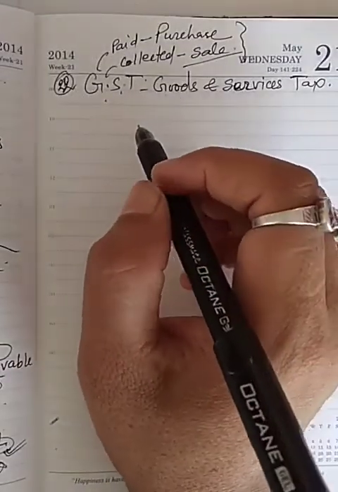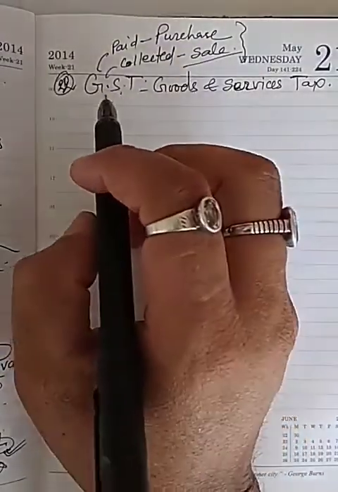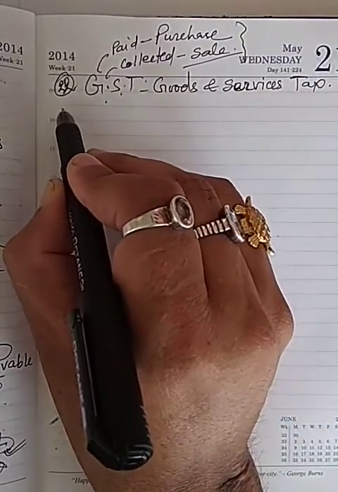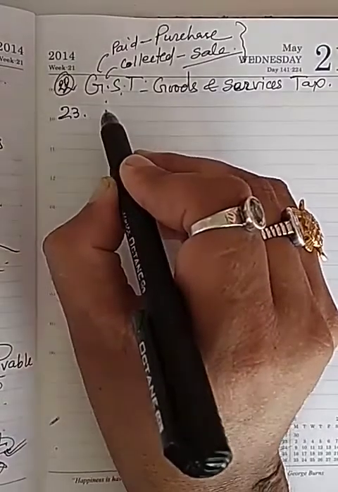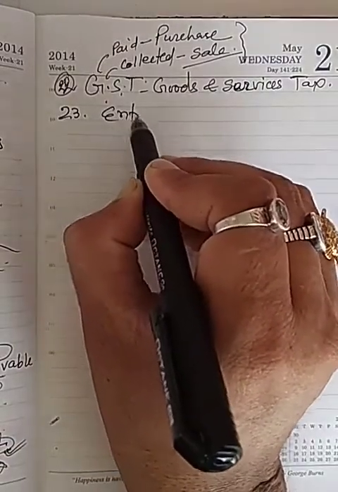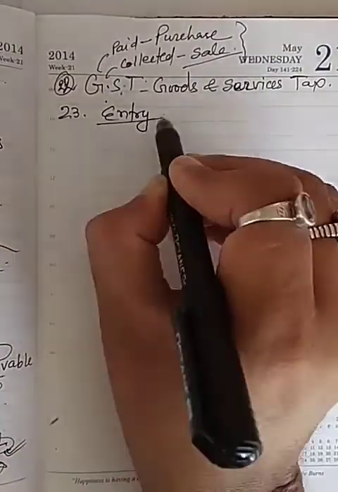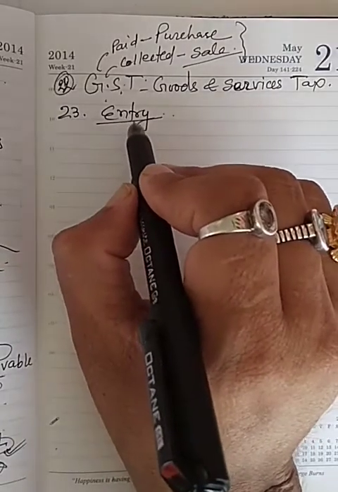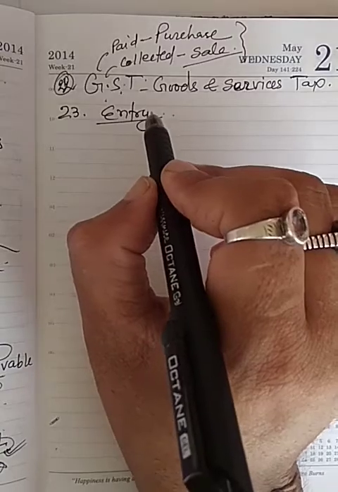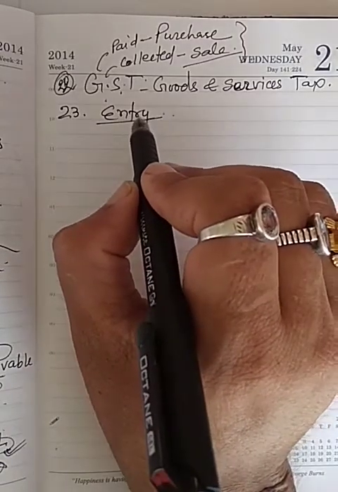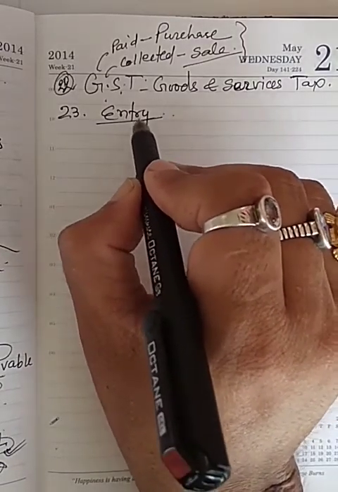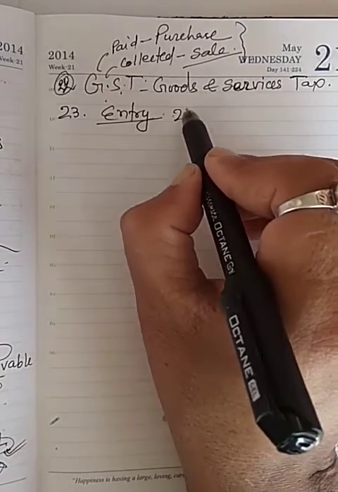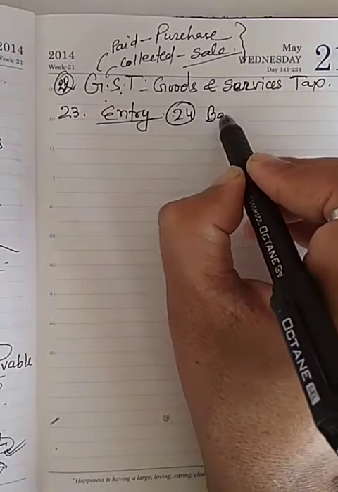Now some important accounting terms. Next is entry. When a transaction or event is recorded in the books of account, it is called entry. Bad debts.